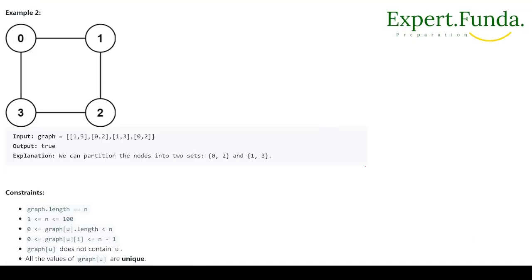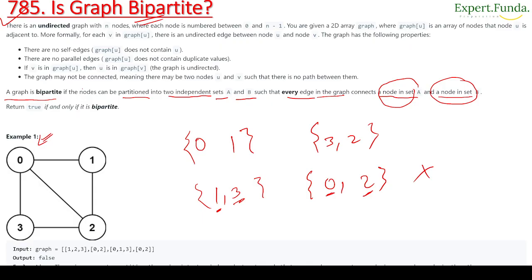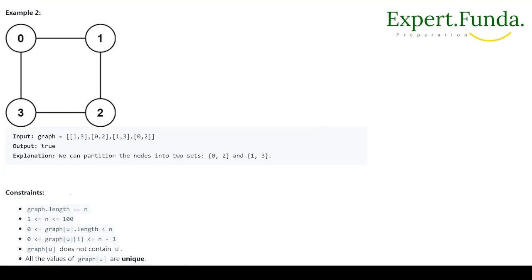But when we come to this other example, previously we had this edge, but here we don't have it. If you do the partitions, the two sets will be 0, 2 and 1, 3. So 0 and 2 are not directly connected, which means they are independent.